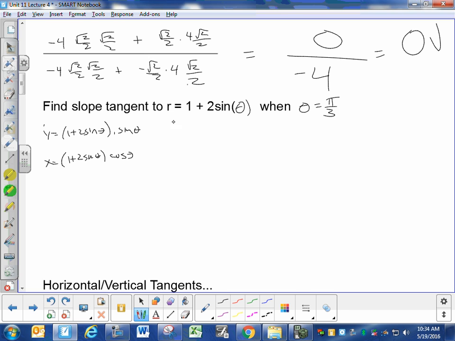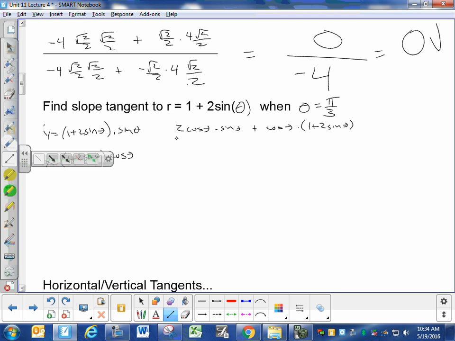Here we go. Derivative of this product, use the product rule. I have 2 cos theta times sine theta plus cos theta times 1 plus 2 sine theta. That's the derivative of the top, the bottom.